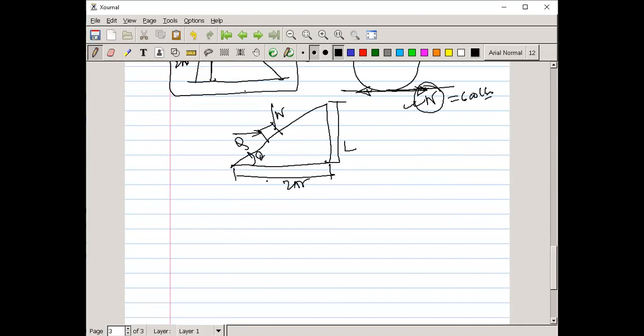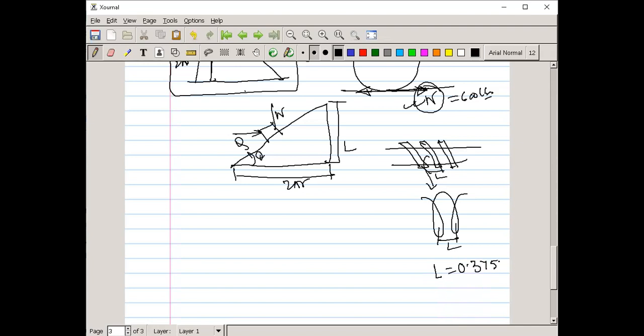Yes, sir. Okay. Now see, this is the thread for the worm gear. If we draw the equivalent, we can draw this type of thing. Same thing, this is your pitch or lead. So here also this is your lead. Same. So how much is that lead? It is given in the question as 0.375 inch. So to find tan theta here, tan theta is L divided by 2 pi r.